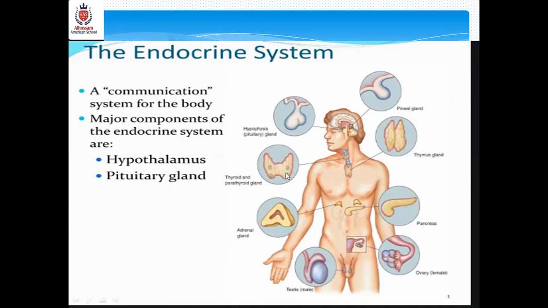But you have to know that we have two major components of the endocrine system. They are considered like the bosses. They control the whole action, which are the hypothalamus, a part inside the brain that controls all of the actions of the glands of the endocrine system, and a main gland also found in the brain, called the pituitary gland.